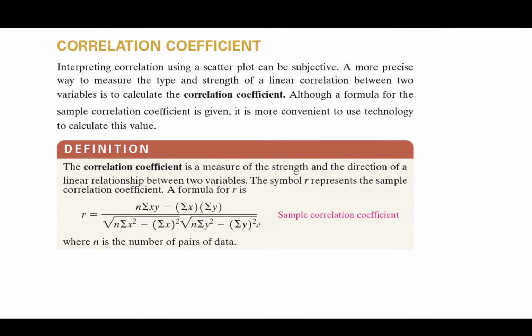On the denominator, you have the square root of n multiplied by the summation of x squared minus the summation of x to the power 2, multiplied by the square root of n times the summation of y squared minus the summation of y to the second power. Please note that again, this is the sample correlation coefficient. N is the number of pairs of data.